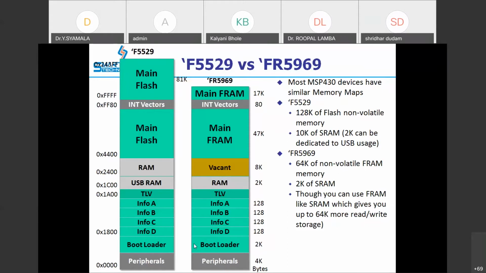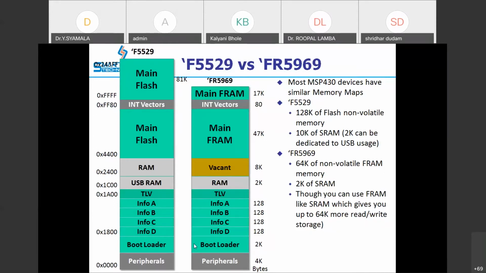So that's the difference between the F series and the FR series. In the FR series there is no flash at all, so everything is FRAM. Even the program is stored in FRAM, and even the user data can be stored, read and written.